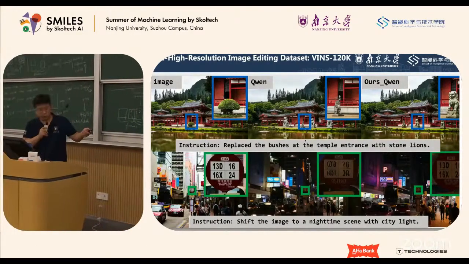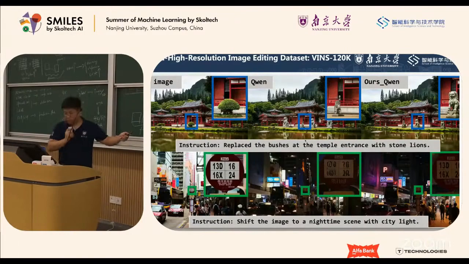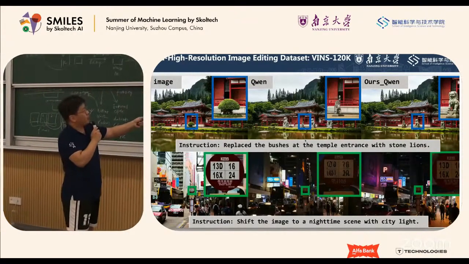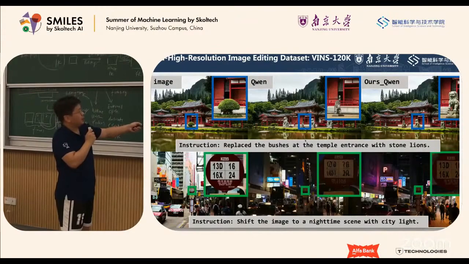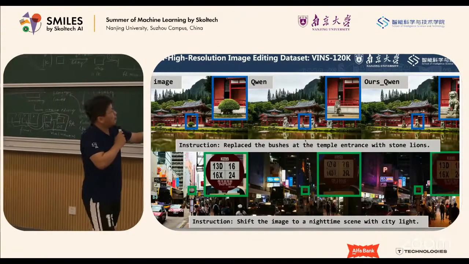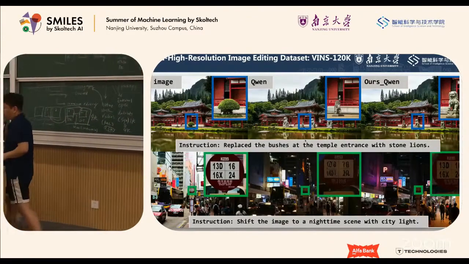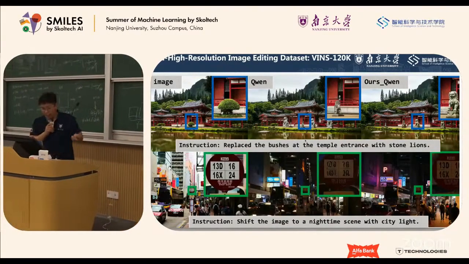You can see the enlarged boxes focus attention on the stone line geometry. Here is the original Qwen model, the stone line is not good, and here is our result on 4K.